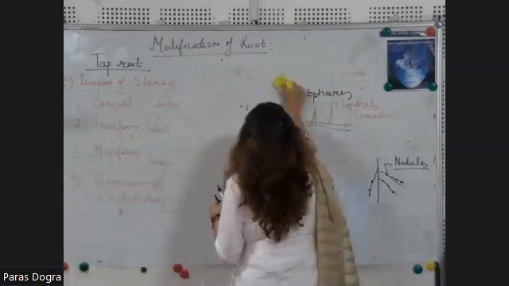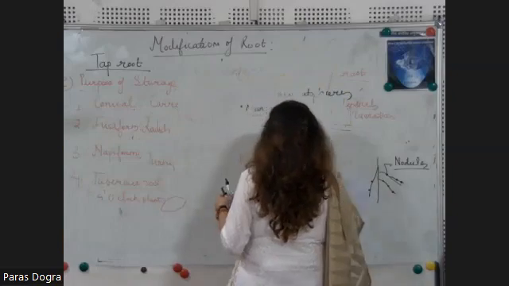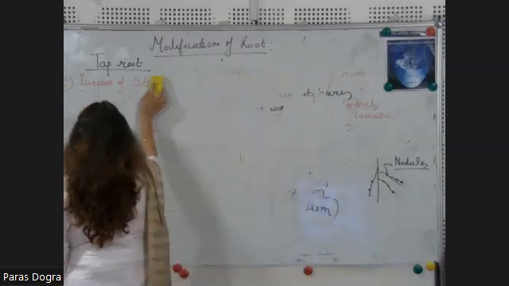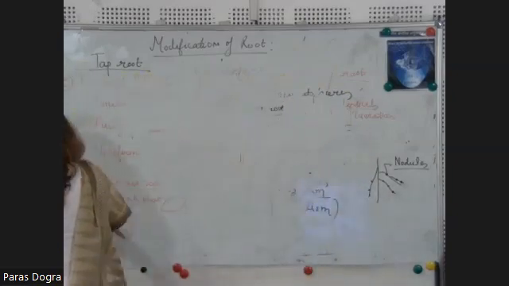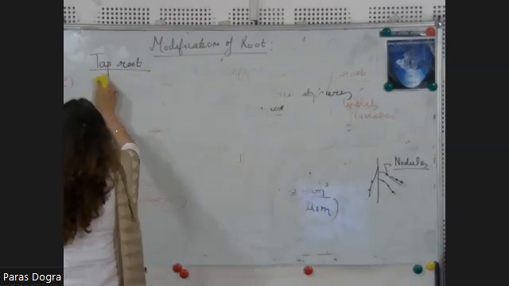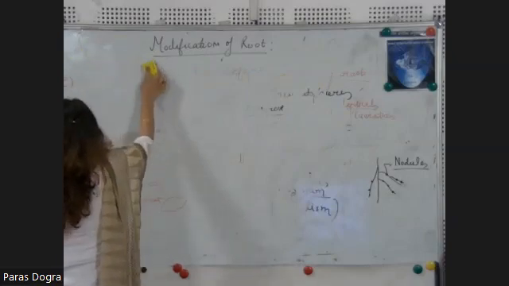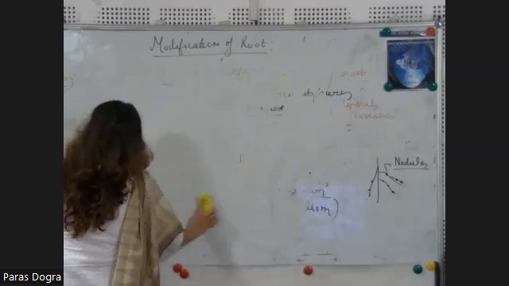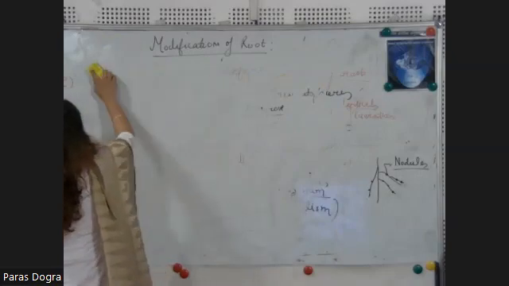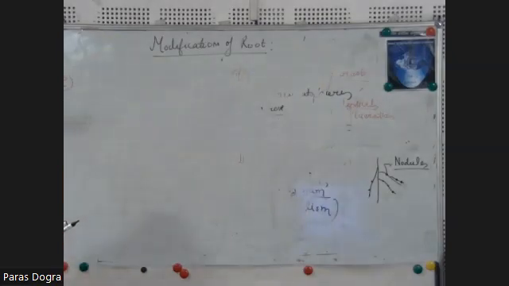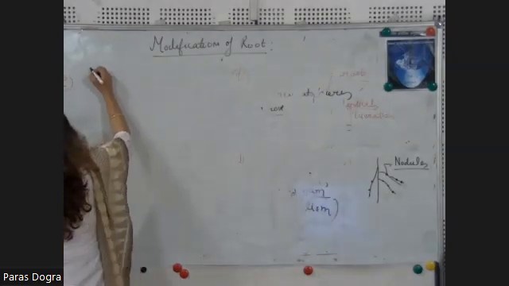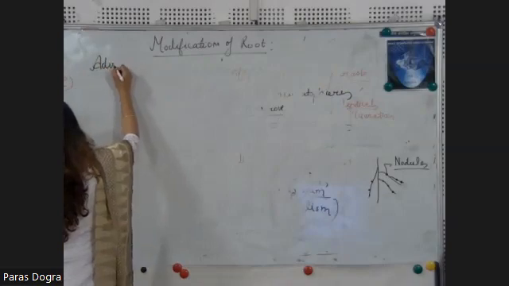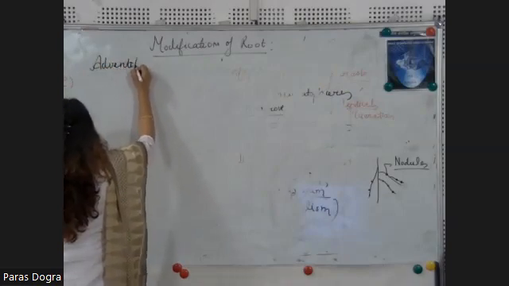Okay, now we will be dealing with modifications in the case of adventitious roots. As in the case of taproot, adventitious roots also perform many functions. The first being, let me write, the modifications of adventitious roots.